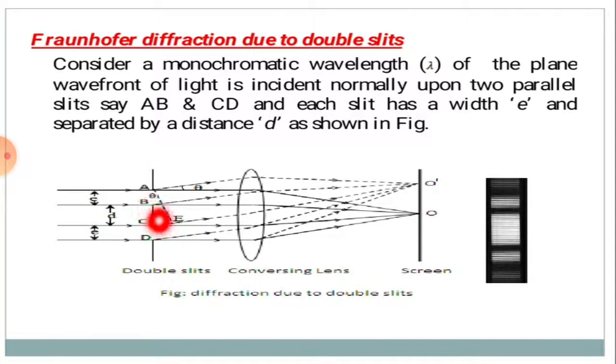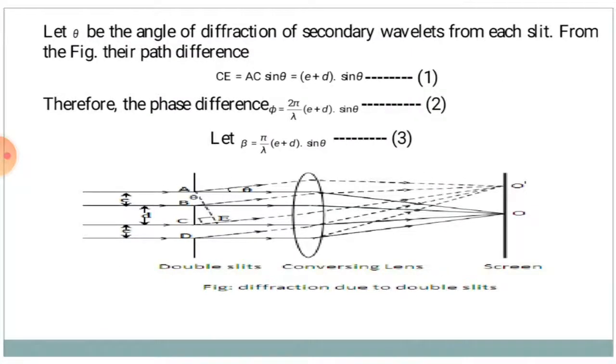Now let us see how to find the path difference between these two diffracted light rays. We apply the sine function to this particular triangle ACE. Sin theta is equal to CE by AC. Here CE is equal to AC sin theta.